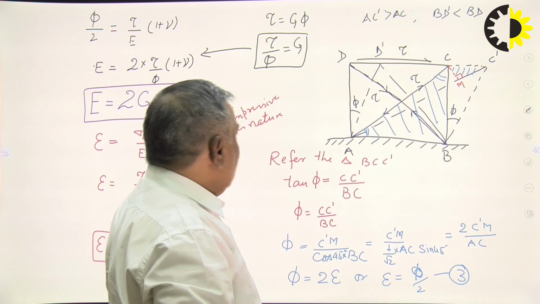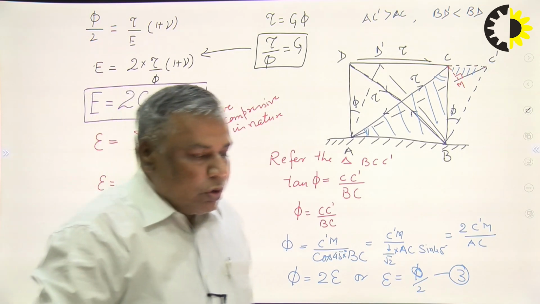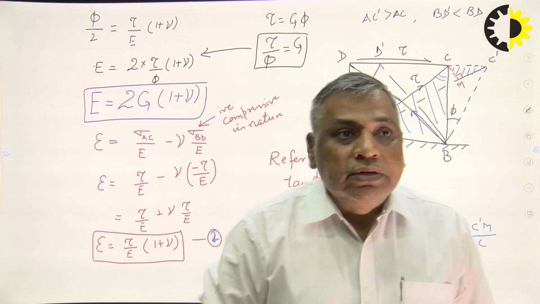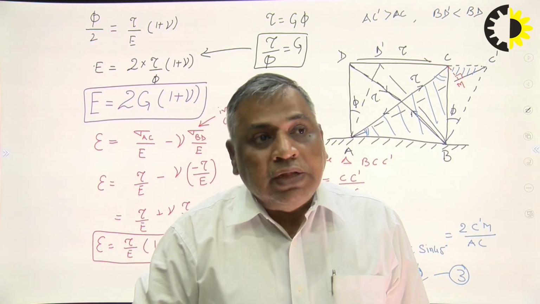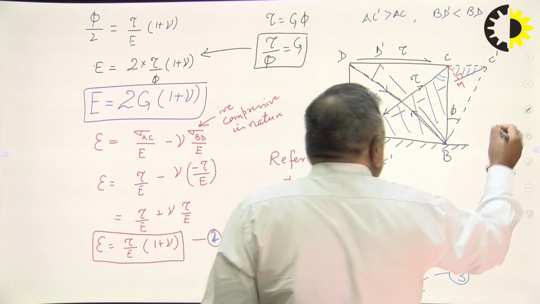So till now, what we have established is the relationship between the modulus of elasticity and the bulk modulus, and between the modulus of elasticity and the modulus of rigidity.